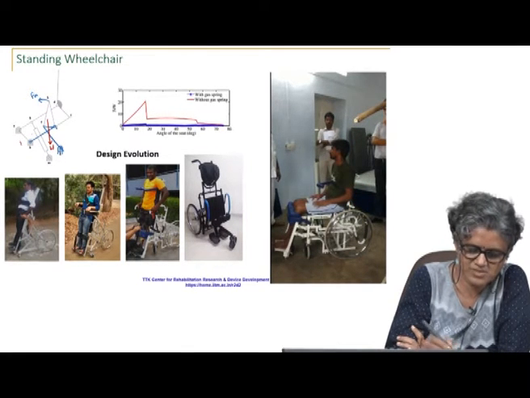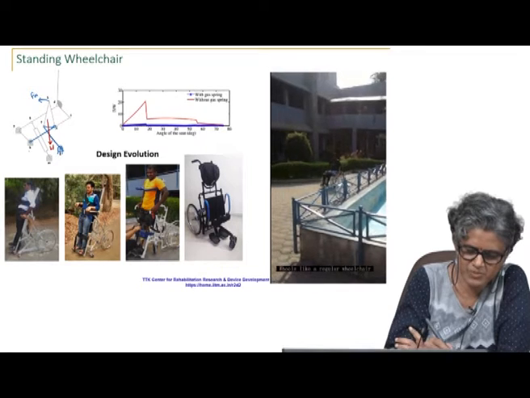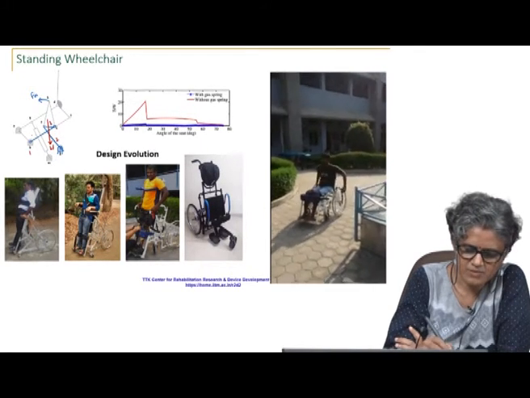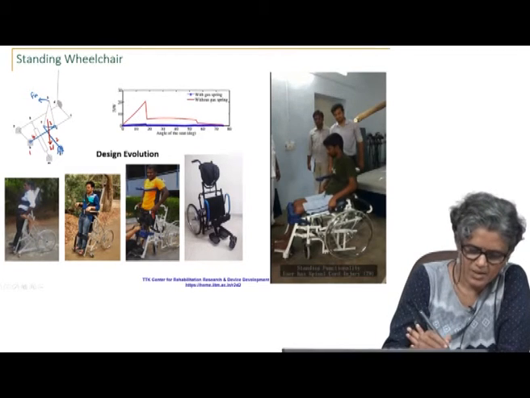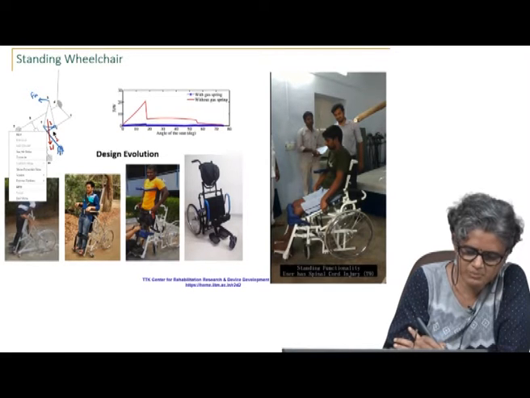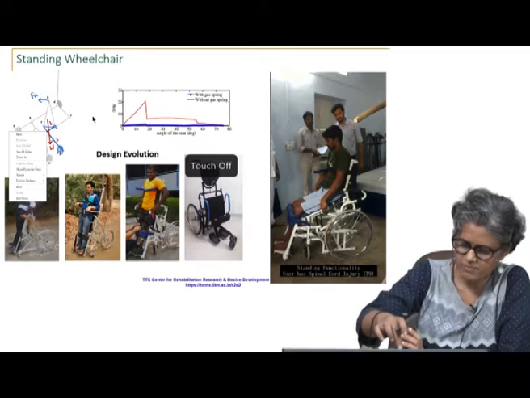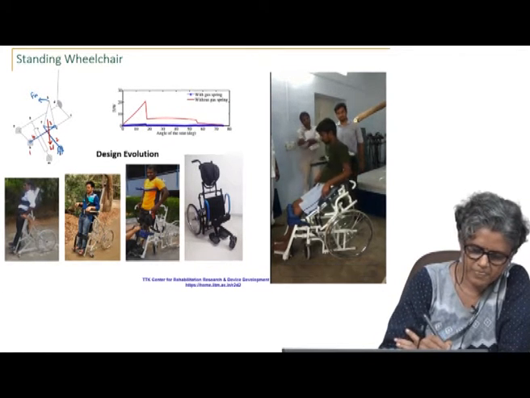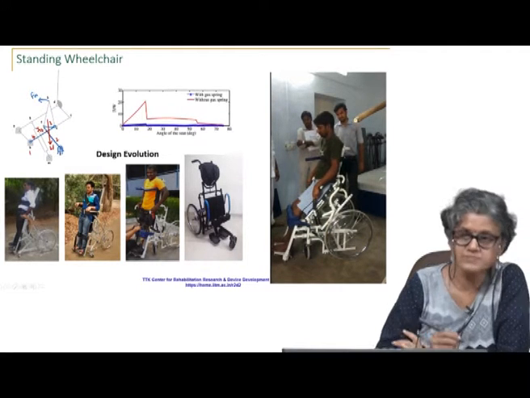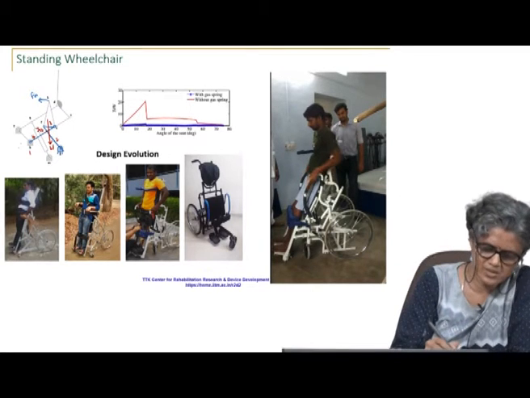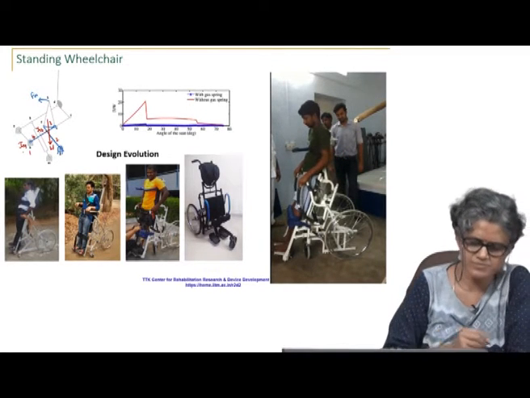If this is my 4 bar, this is 1, 2, 3, 4, then what is that point here? This point here is I13, where those two links intersect. This point here is I14.